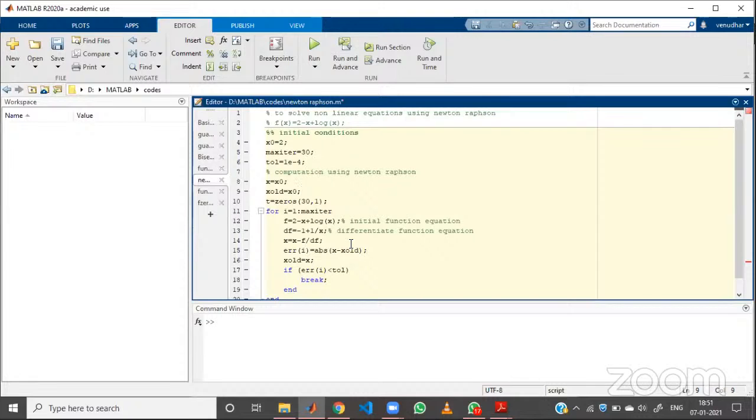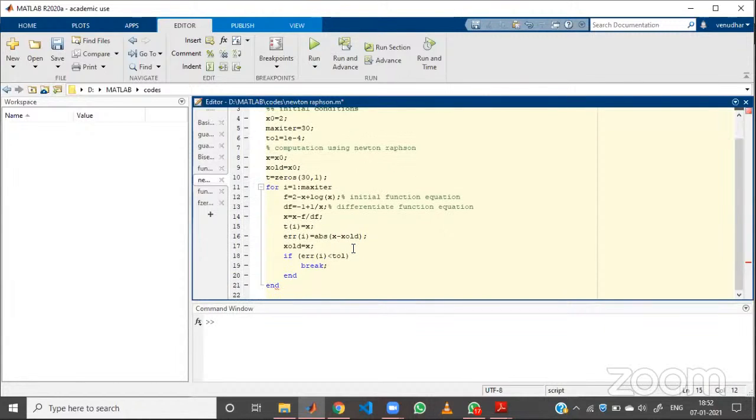Now we will store every value of x in that t. How will we do that? t of i equals x. Simple. Every time we get the value of x, we store the value of x in t of i.